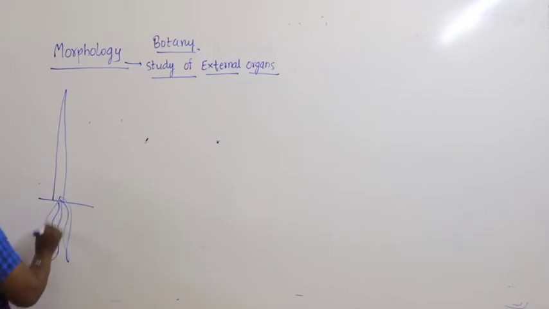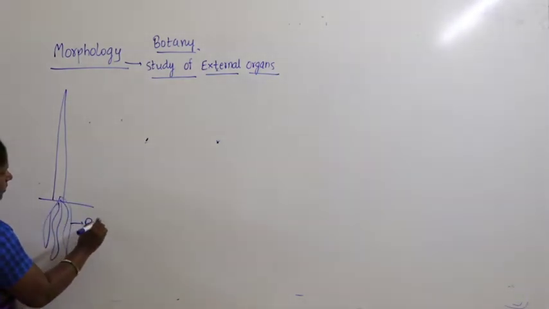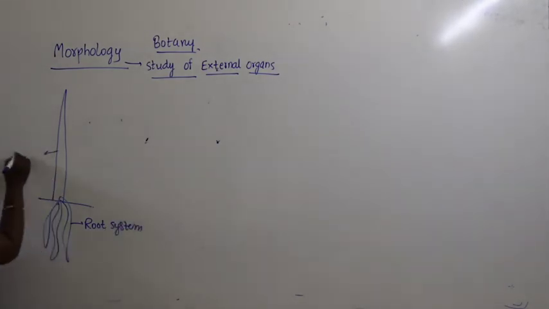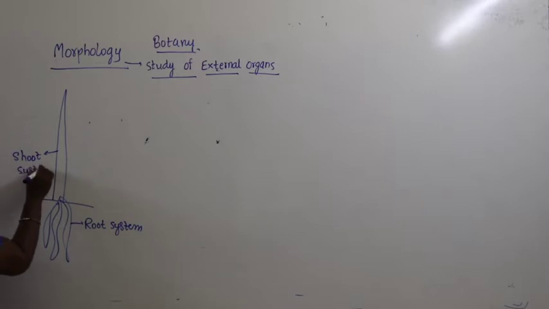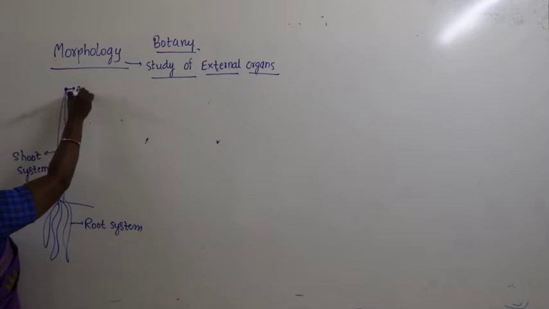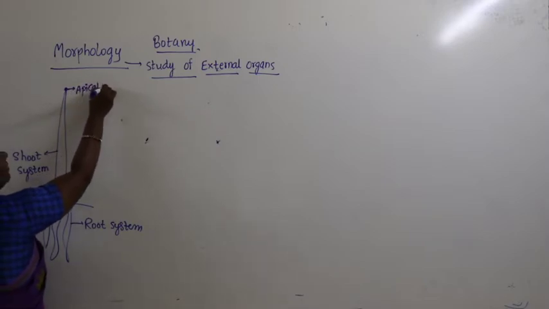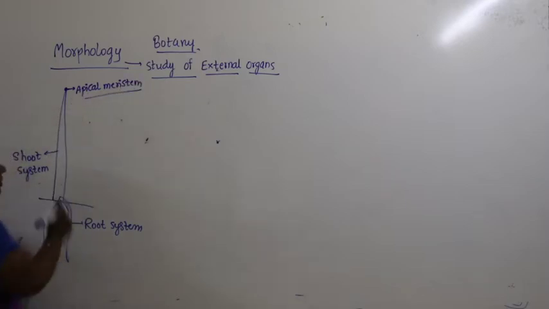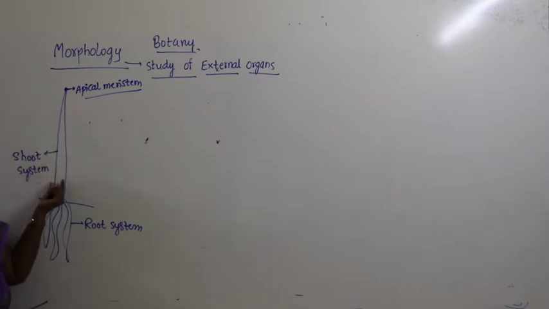We study the root system and then we say shoot system, then the tip contains what is called apical meristem. Here the root system is present, completely the stem part, the green colored stem part is called shoot system.